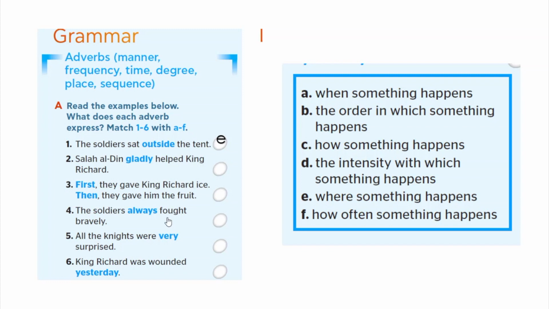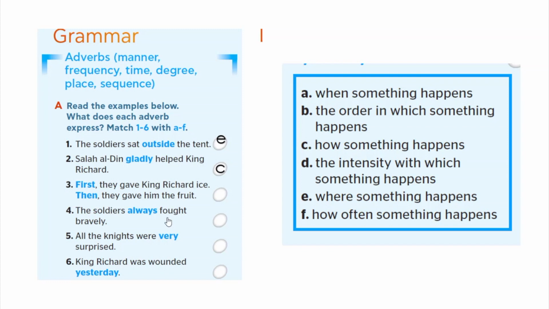It expresses the place where something happened. Number 2, Salah ad-Din gladly helped King Richard. Right. This adverb expresses how something happened. So this is called an adverb of manner.